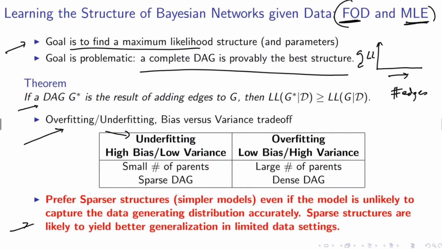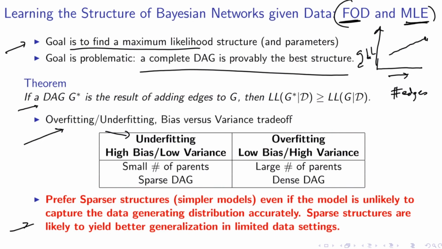So this is what typically happens with the training data likelihood. As we increase the number of edges, you start with small likelihood and you gradually increase and reach this so-called best possible likelihood, where you actually have a uniform distribution over the data and nothing else. That's the best likelihood that you can hope for. But that model will generalize poorly.